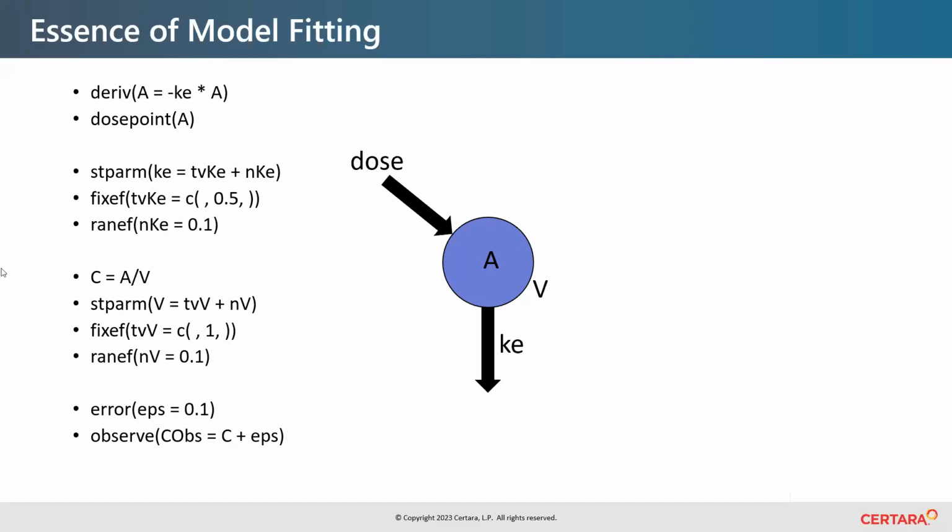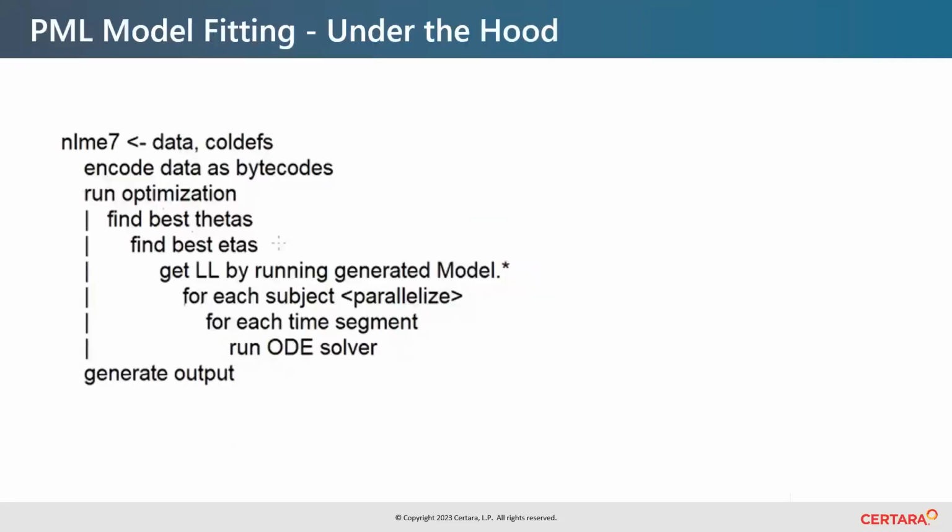And then finally, the last line: in order to observe the concentration, we have to say we got an observation, but it's not correct. It's off a little bit by an epsilon, and the epsilon itself is another parameter for which there can be a variance. In this case, the initial value of the variance is 0.1. Now, there are plenty more complicated ways we can write these statements, but this is the very simplest. Okay, you can move ahead.